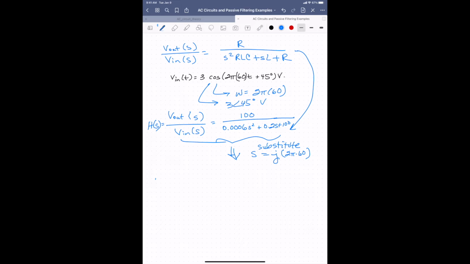And we'll end up with H of J 2 pi times 60 equal to 100 over J squared, of course, is minus 1. So we'll have 0.0006 times 2 pi times 60 squared, and J squared is a minus 1, plus 0.2 times 2 pi times 60, plus 100.